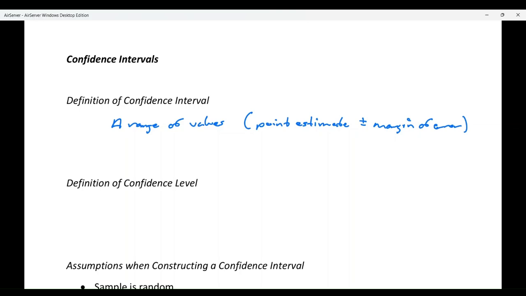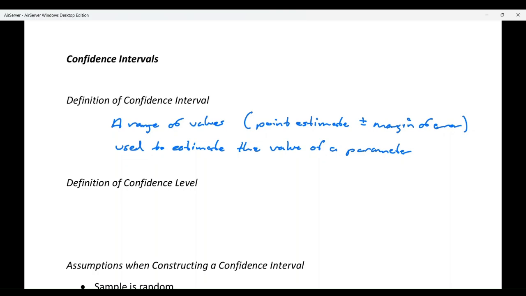And then more to the point, it's used to estimate the value of a parameter. And again, a parameter just refers to something in the population. So again, I might be trying to estimate the average weight of adult men in the United States. I might be trying to estimate the average weight of a box of Lucky Charms, right? Anything like that.